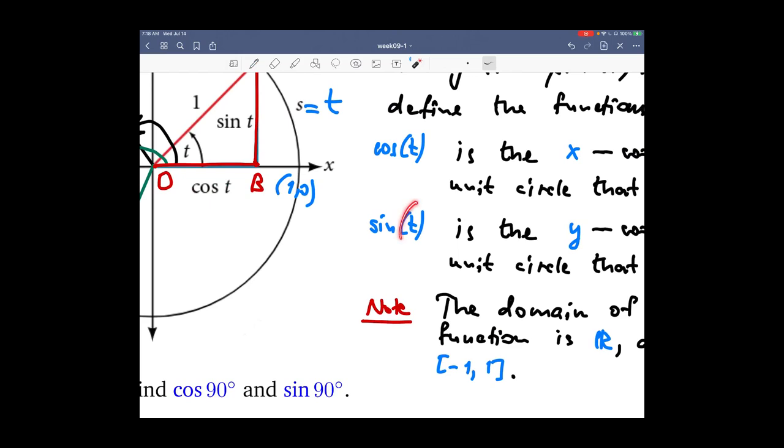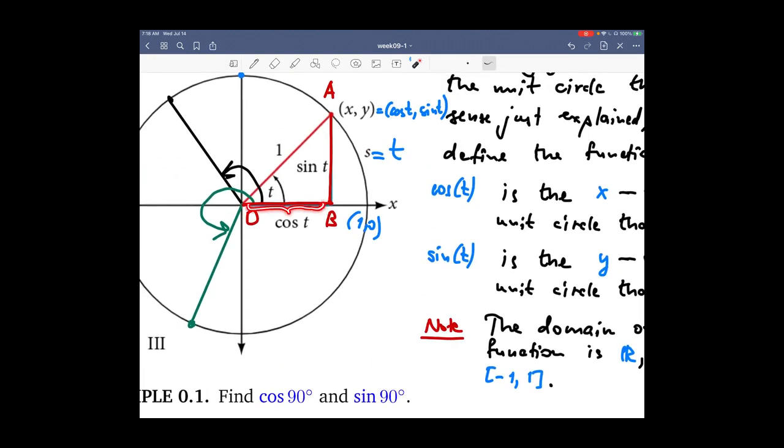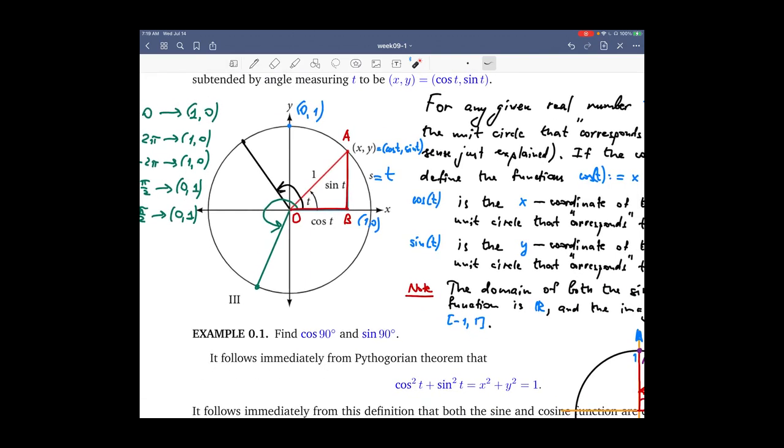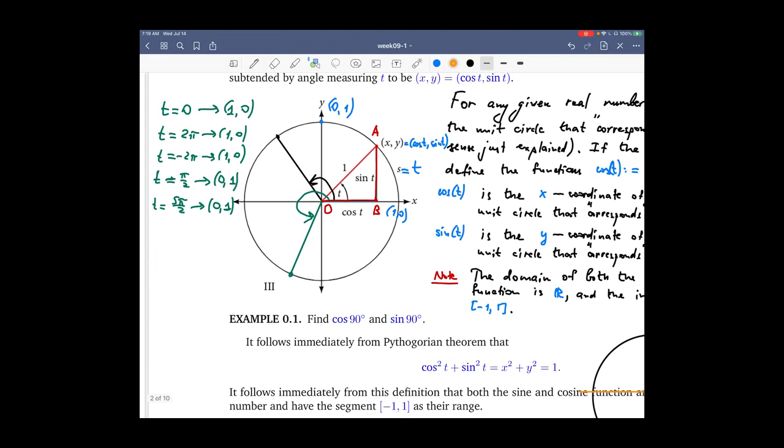We will not usually write parentheses around t when we write sine t, cosine t. It's safe to omit them. So one leg of this right triangle, being x, is cosine t. The other leg of this triangle is y, which is sine t. So by the Pythagorean theorem, the square of the hypotenuse equals the sum of the squares of the legs. I hope everybody remembers the Pythagorean theorem.